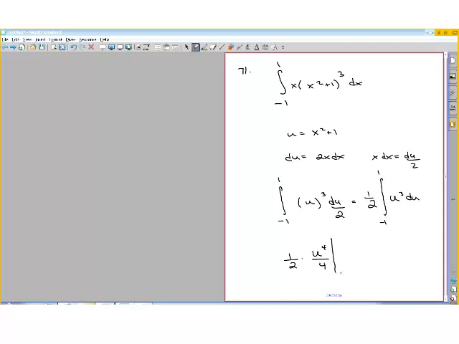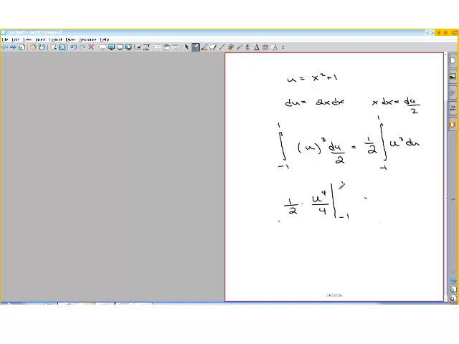And we're going to evaluate that between negative 1 and 1. But that's in terms of x, not in terms of u. So let's just make it 1/8. So 1/2 times 1/4 is 1/8, u to the 4th between negative 1 and positive 1.